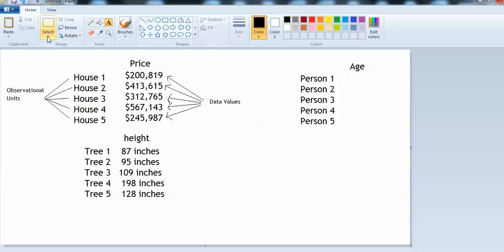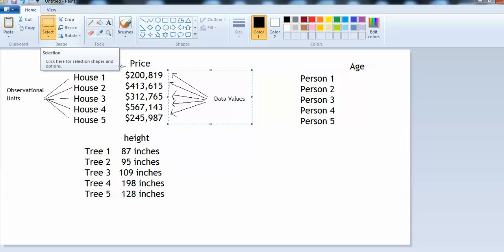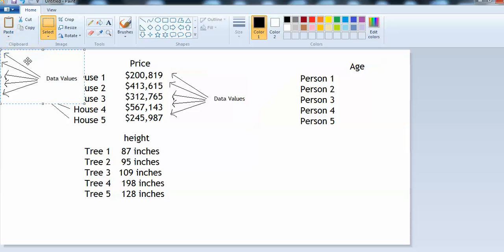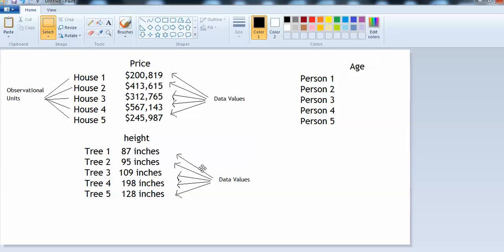We would say the same thing down here. Now the heights are our data values.